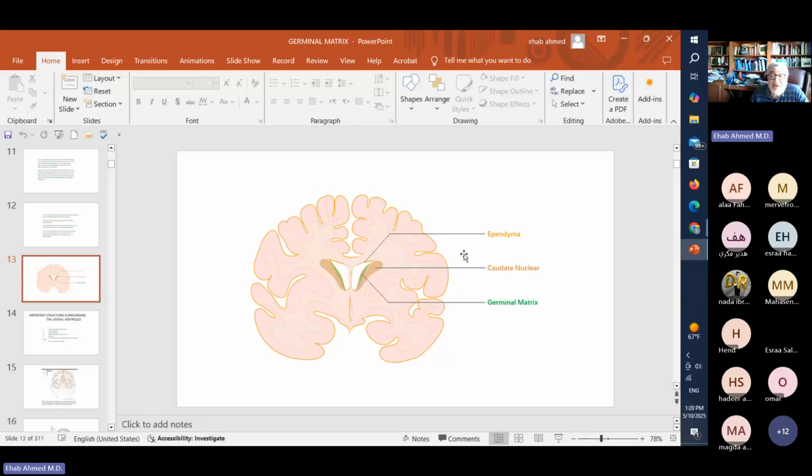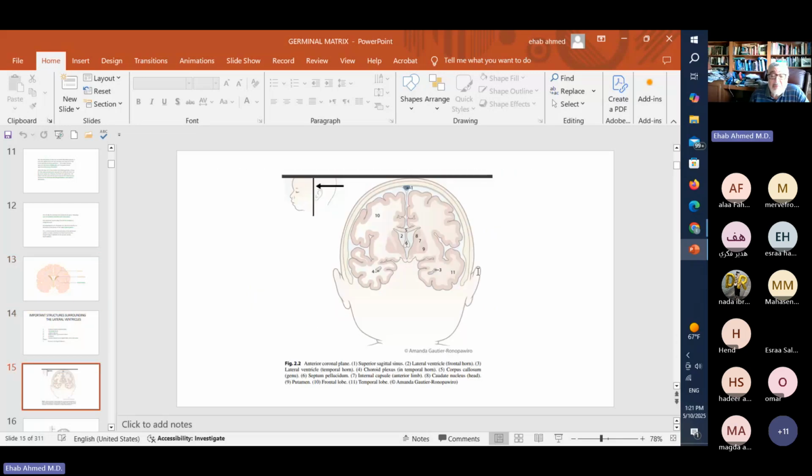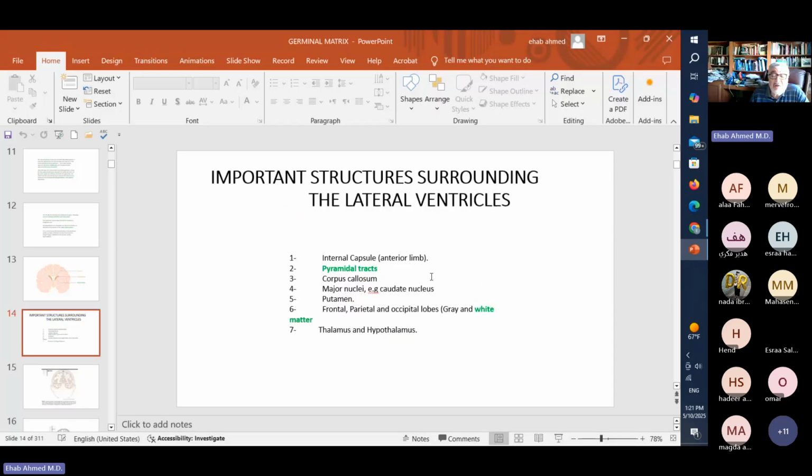So it is something very serious. There is hemorrhage in a very, very important structure within the brain that can affect the ventricles and the surrounding structures of the brain and the parenchyma. These are the structures. As we mentioned, the most important is the pyramidal tracts and then the parenchyma and the white matter in the parenchyma. Because GM-IVH could be complicated with white matter injury.